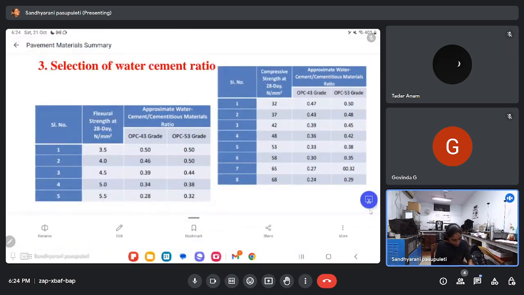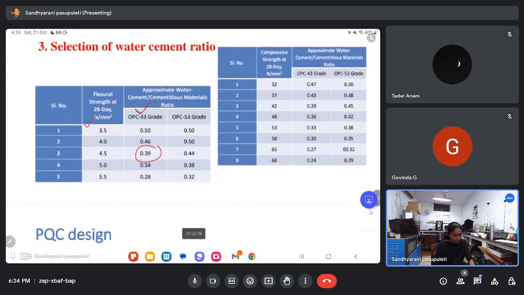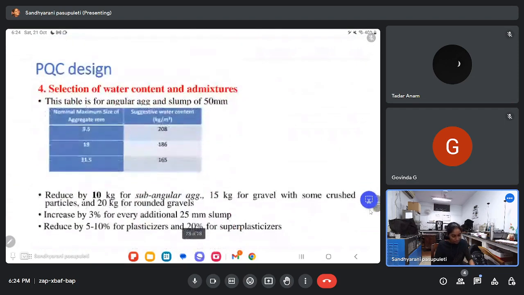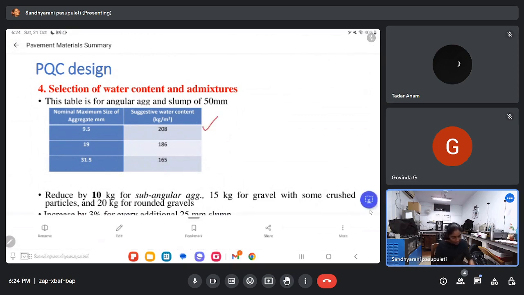So based on the grade that we are going to use, and also the target strength that we have calculated, we can guess the water to cement ratio, whether in terms of flexural strength or compressive strength. Then the suggested water content can be determined.